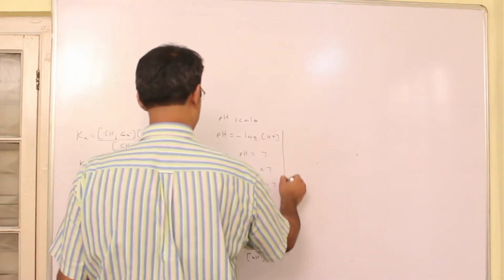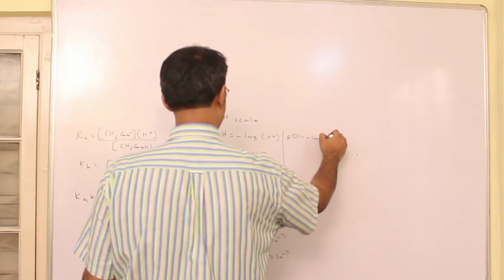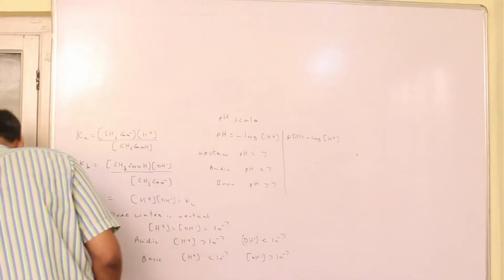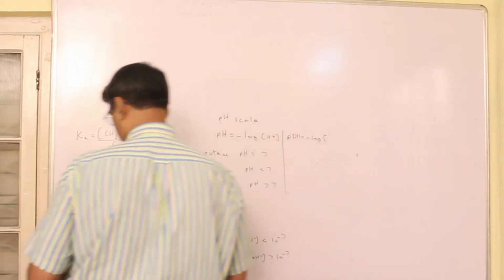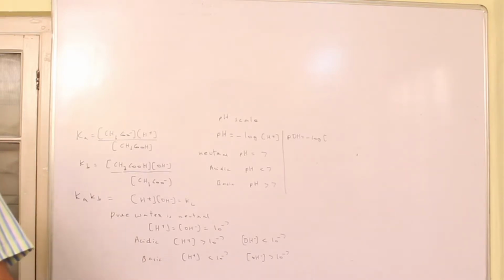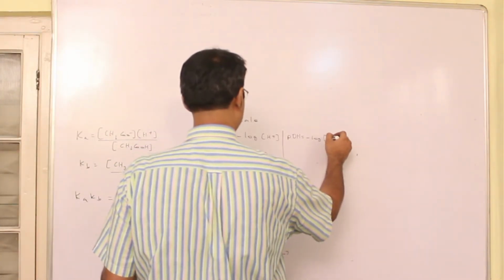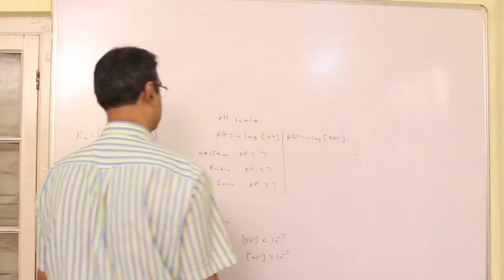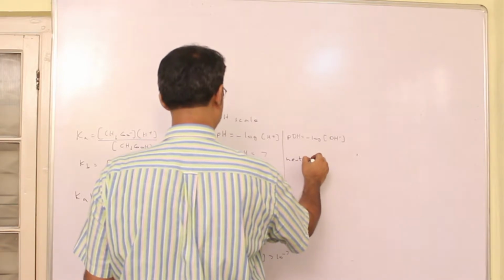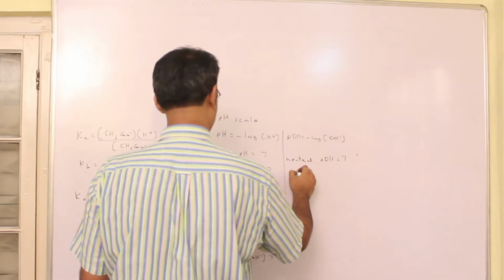So just like we have pH, we also have pOH, which is the negative logarithm of the OH minus concentration. This is called pOH. So if a solution is neutral, then pOH will be 7.